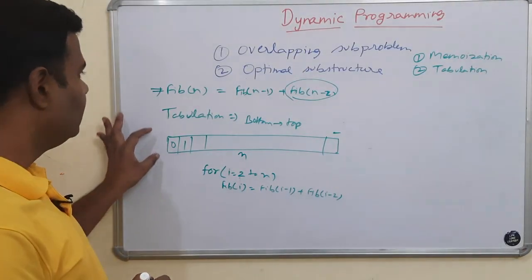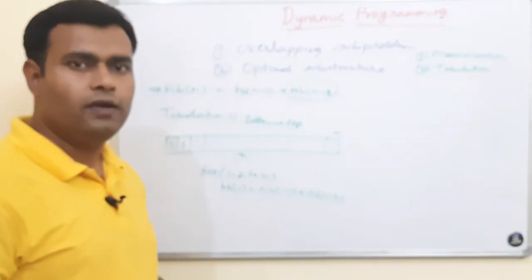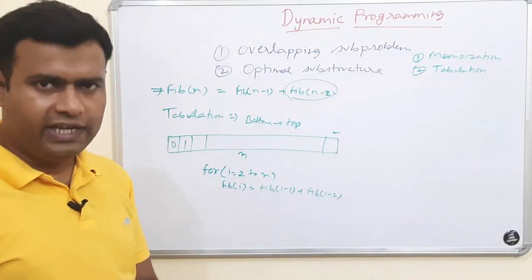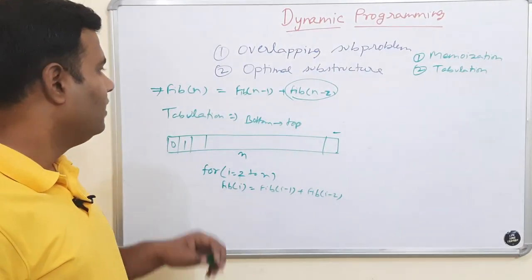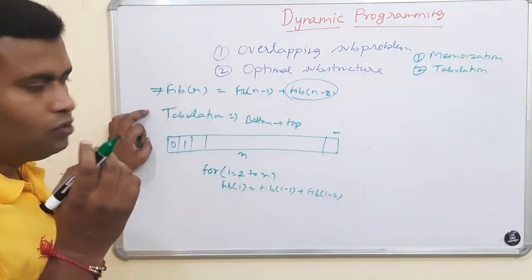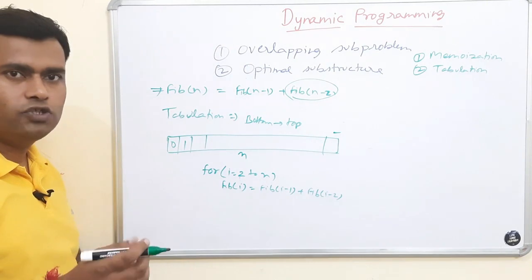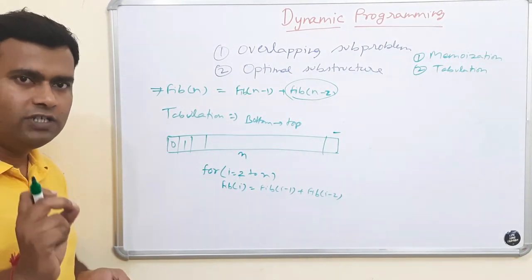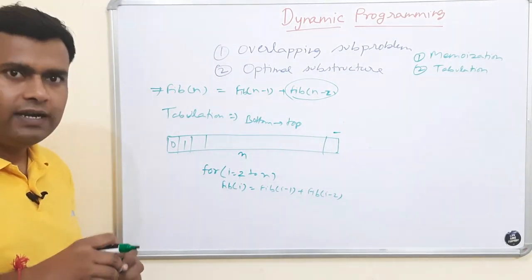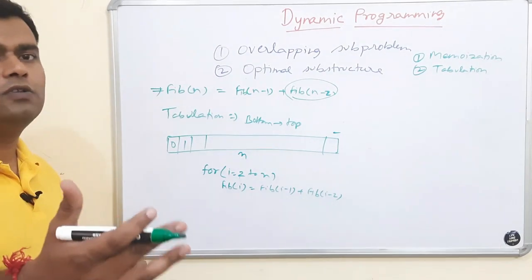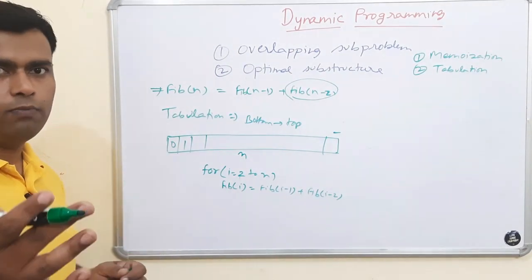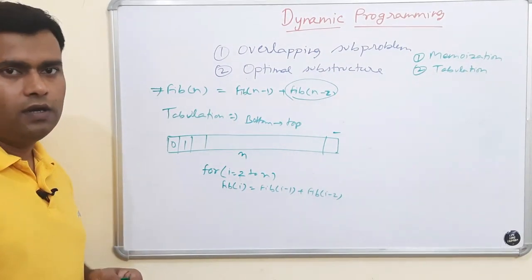Here in this case, because it's 1D, only the number will move, so it's basically a 1D array, but at times you may require a 1D, 2D array or even a 3D array, a multiple dimension array. But the crux of tabulation is you build the solution from bottom to top. Find the smallest problem, solve that, and add up those things to solve bigger problems till you reach your given problem.